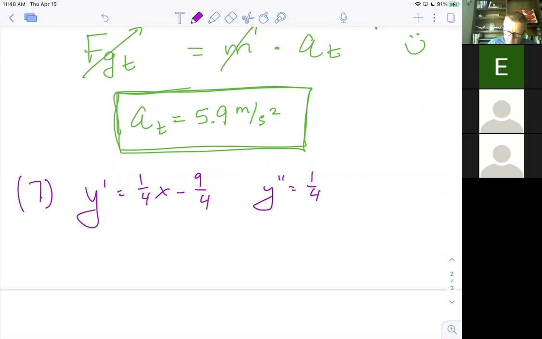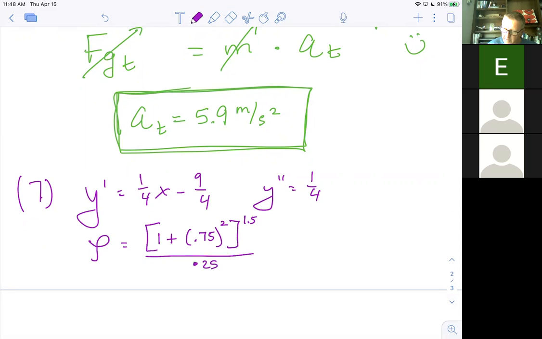So the rho formula is equal to 1 plus the derivative squared, all raised to the 1.5 power, divided by the second derivative, evaluated at 12.